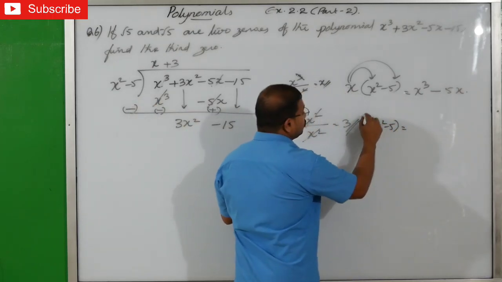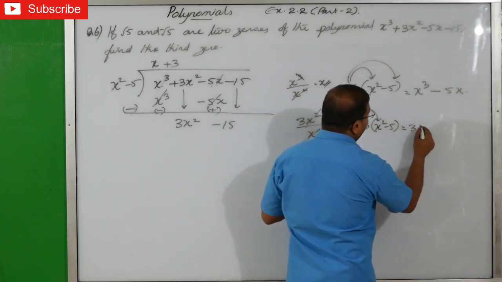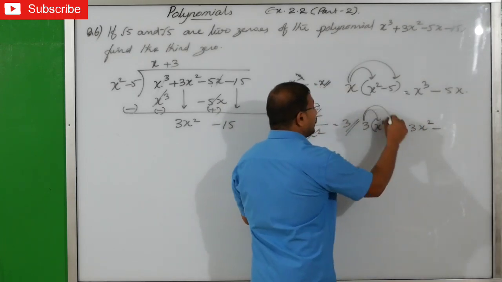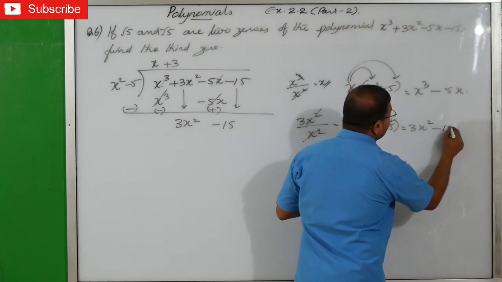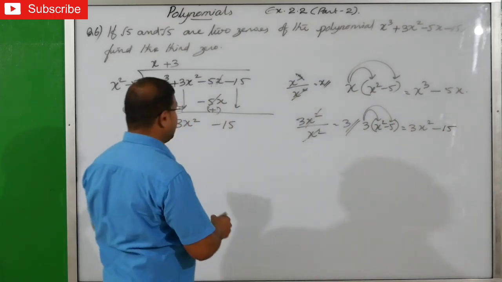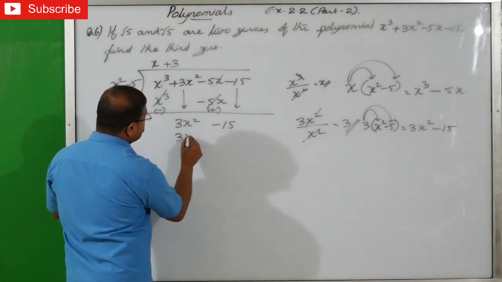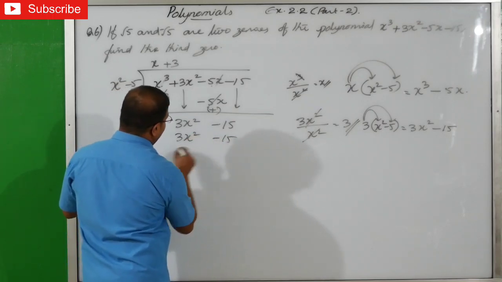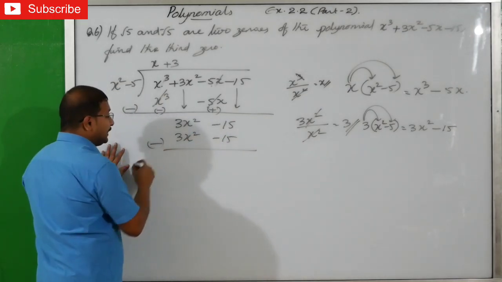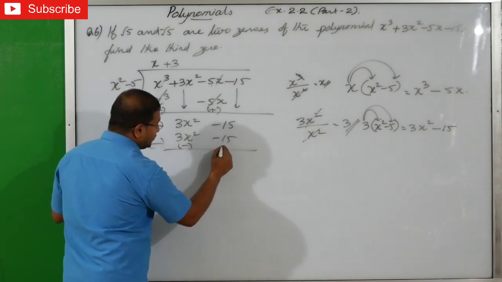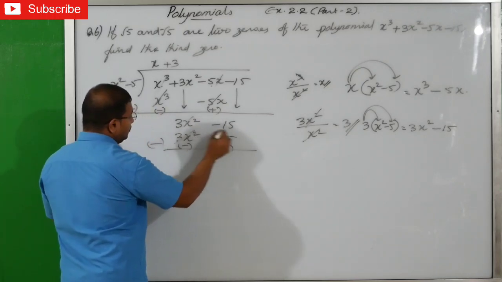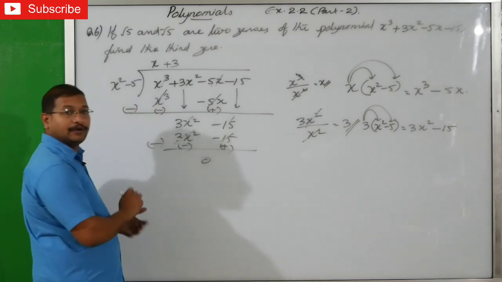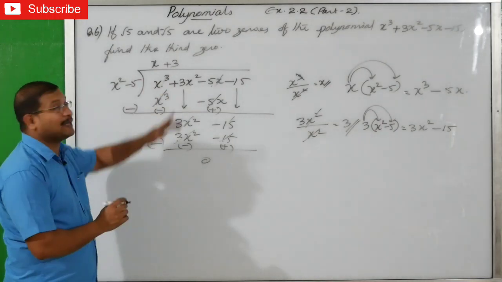We will open it. 3 into x square, that is 3x square minus 3 into 5. 3 5s are 15. So that we will write here. That means 3x square minus 15. While subtracting minus, here will be minus, minus into minus plus. Cancelling, both will cancel, isn't it? 0 will get. That means we got it x plus 3.